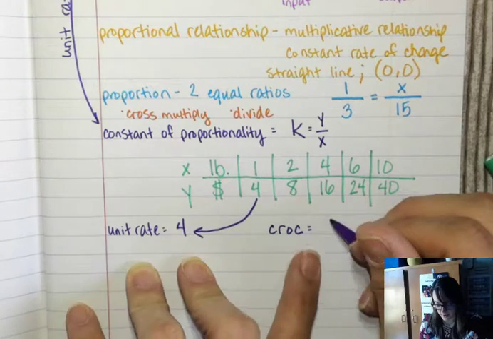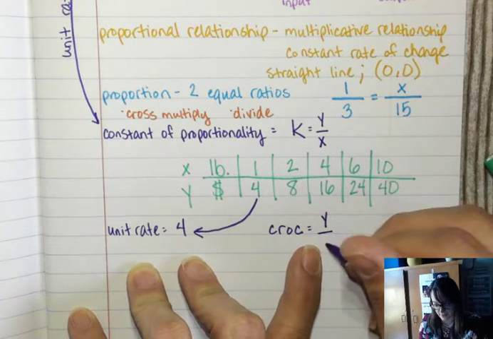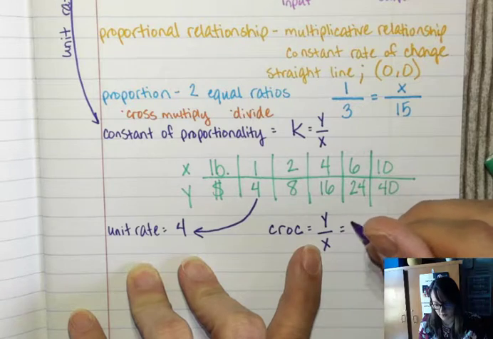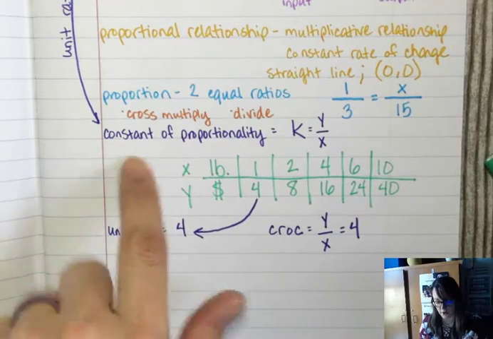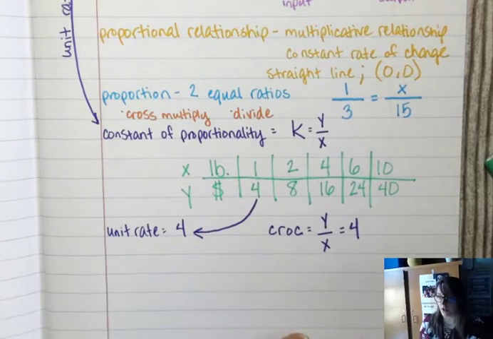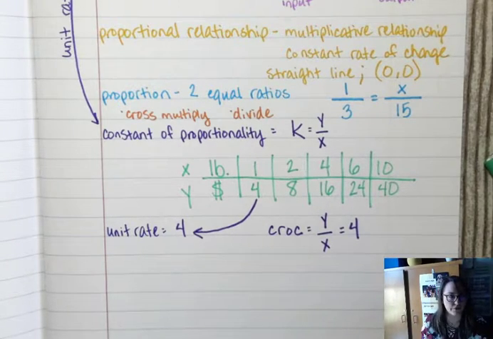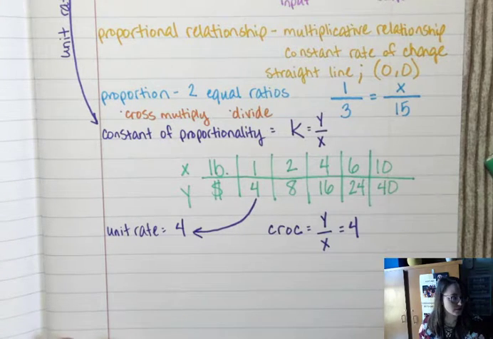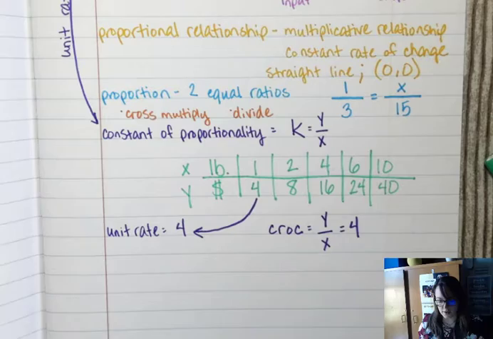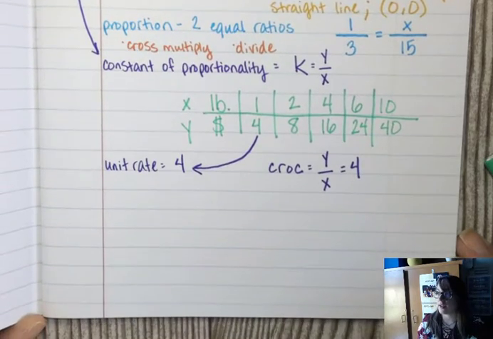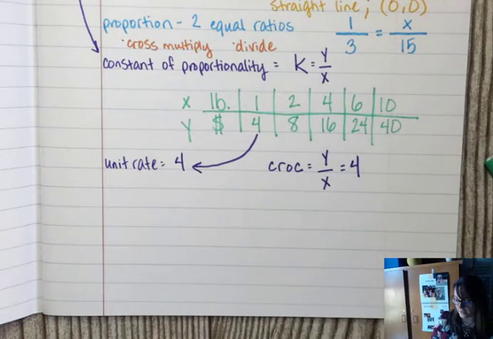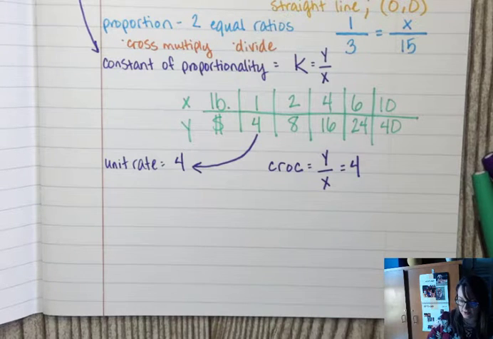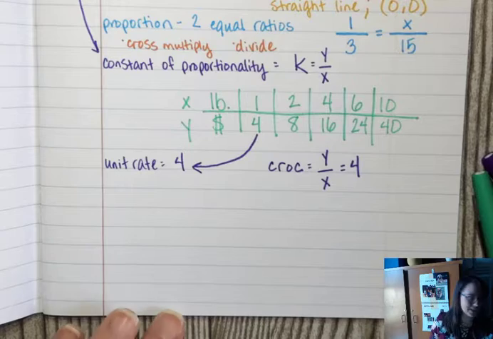All of them, y divided by x equals 4, which is also constant of proportionality. That's all. It's all the same stuff. It's just going to call it different things. Okay? Good so far? Easy? It's just unit rate. That's really all it is. Somebody in the education department decided we were going to make this complicated by calling it 4 different things, because there's another word for it, and it's all the same.